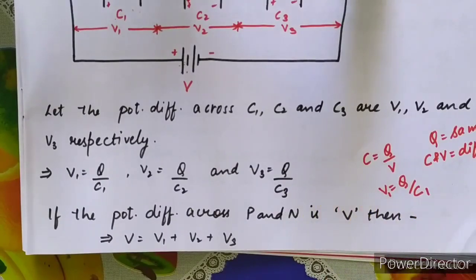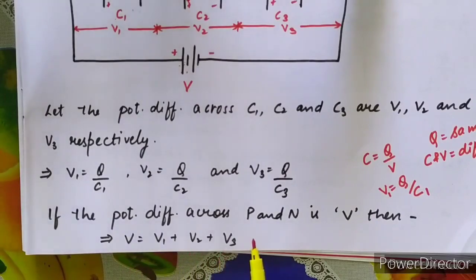and so on. Clear? Now, if the potential difference across P and N is V, then the total potential difference means we have to take the sum of all the potential differences between P and N. So, V is equal to V1 plus V2 plus V3.